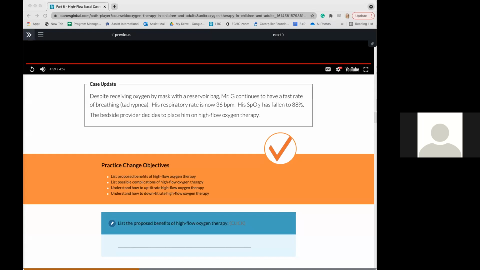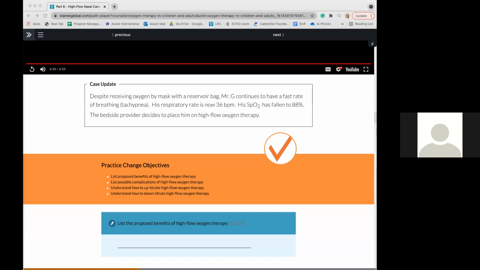So meaning that any patient who requires oxygen therapy beyond a non-rebreather mask, we've been classifying those as patients who require high flow oxygen therapy. So the practice change objectives for this particular session will discuss the proposed benefits of high flow oxygen therapy.